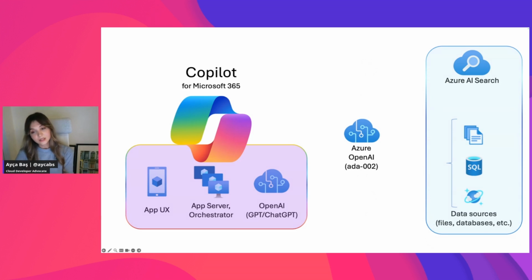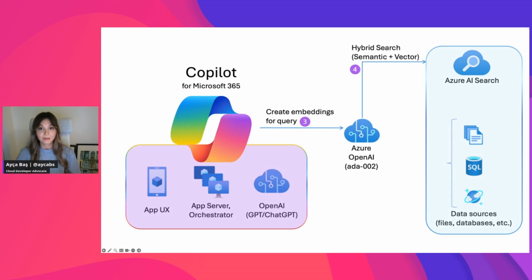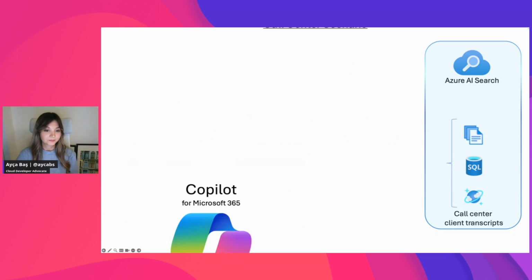Once my data is ready with all the embeddings, I will create embeddings for my query, the user input. Every time the user asks something, I will create an embeddings version of that text and make a hybrid search with those embeddings on Azure AI Search. Then I will return a response, and Copilot will respond to the user with text, document, image, video, anything they want.